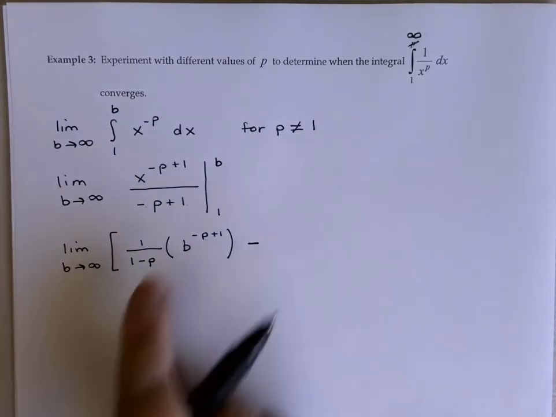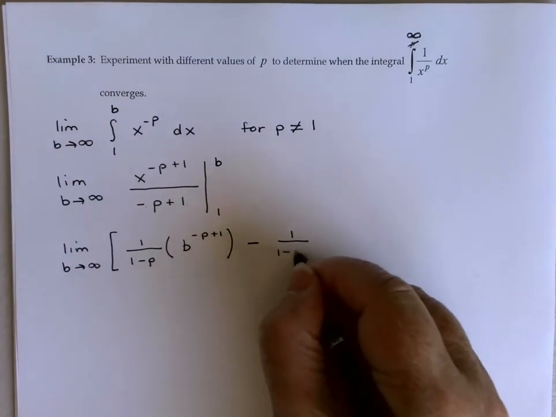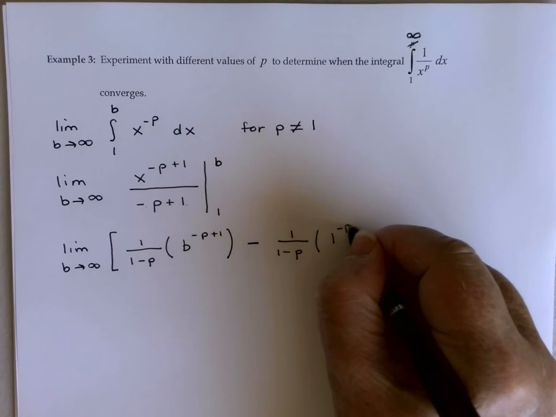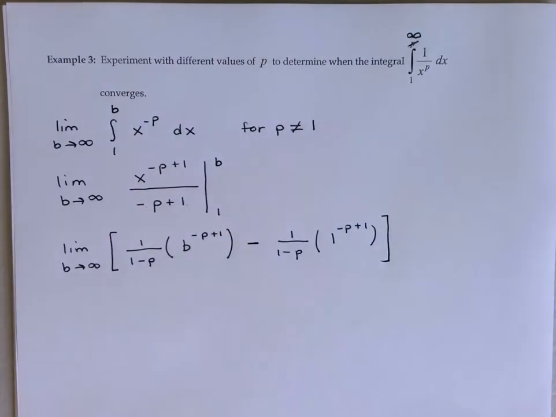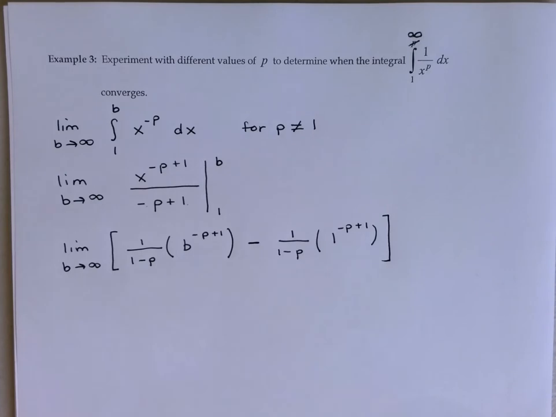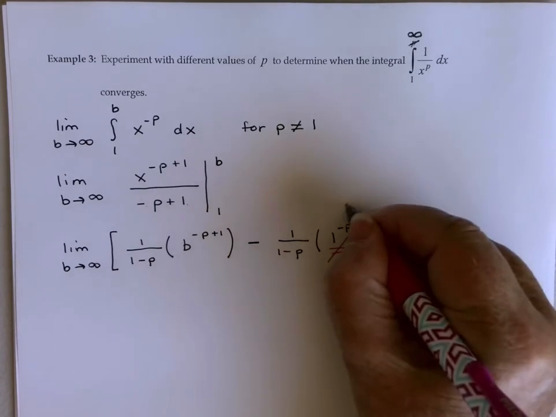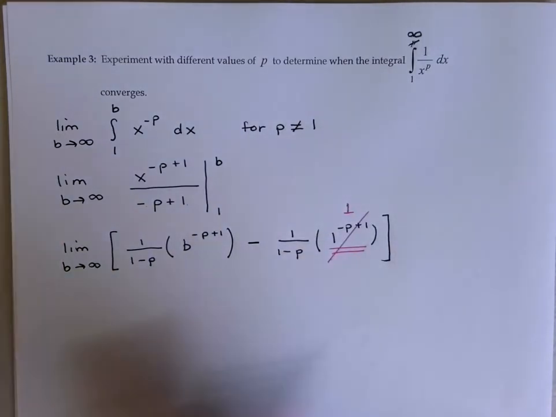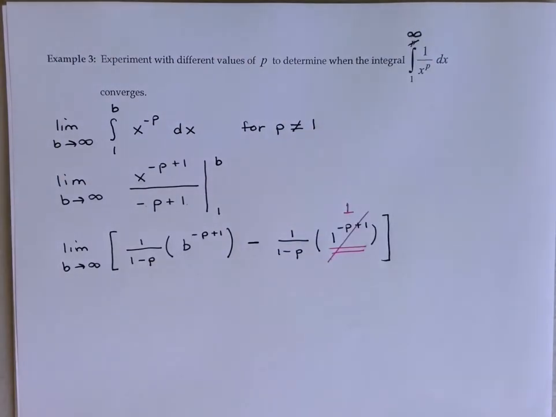Subtract, same thing here, 1 over 1 minus p times 1 to the minus p plus 1. This is just going to be 1. 1 to any power is 1, except for infinity, and p is not infinity. P was whatever power was on that x.